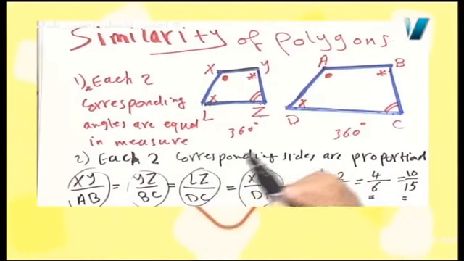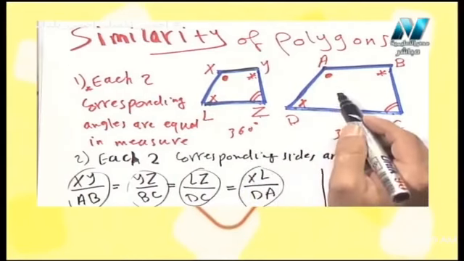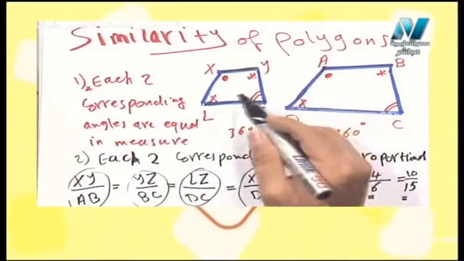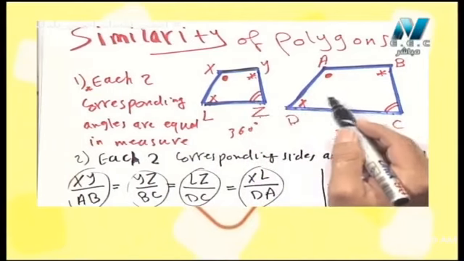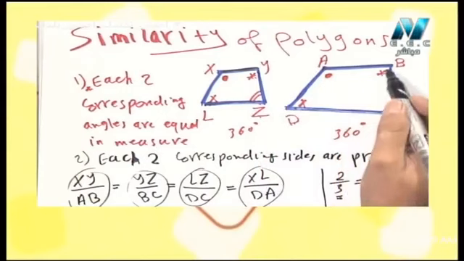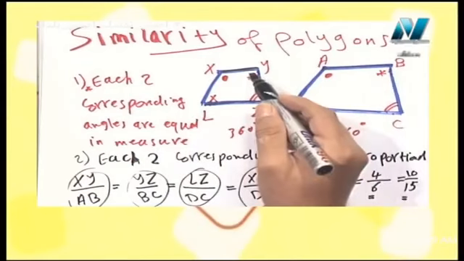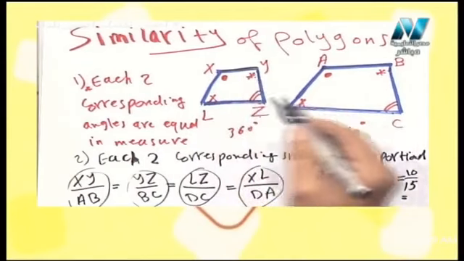So for two polygons of the same number of sides, here we have 1, 2, 3, 4 sides, and there 1, 2, 3, 4, so two quads.